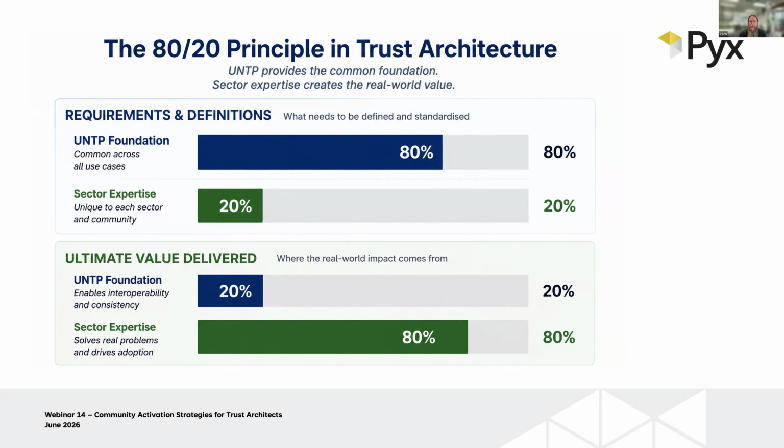And in fact, that's the role of the community activation programs, and the role of this process. That being said, the majority of the value for a business is not in the 80% that is the same, it's in the 20% that is unique. This is organic cotton from Australia, grown on a farm that is certified carbon neutral. That's a differentiated product where 80% of the information is the same across every cotton product delivered everywhere in the world.